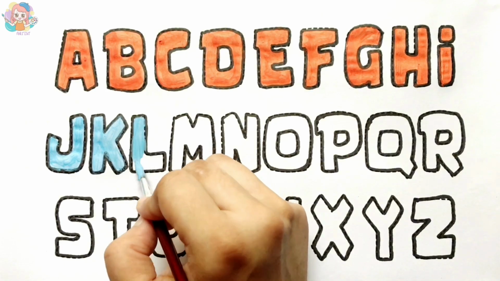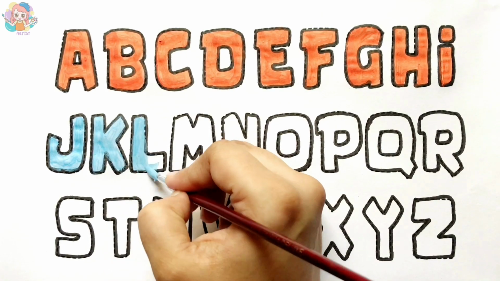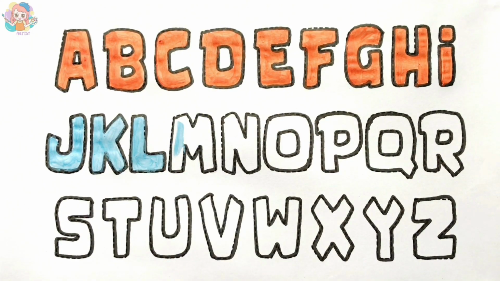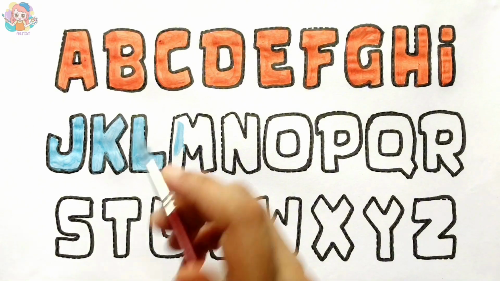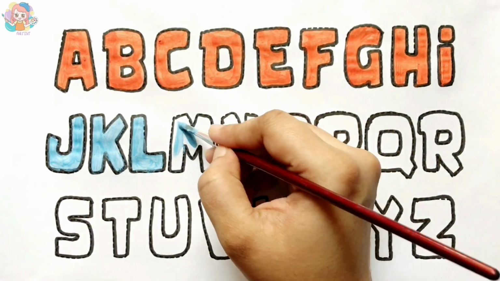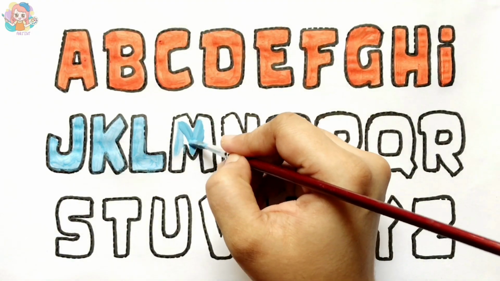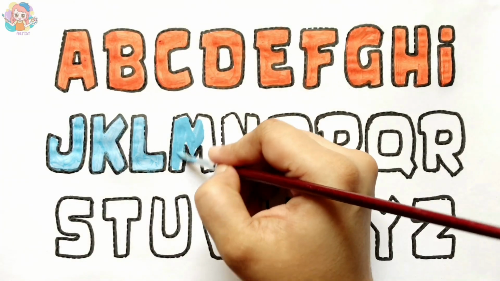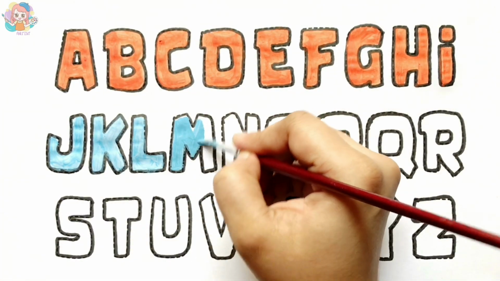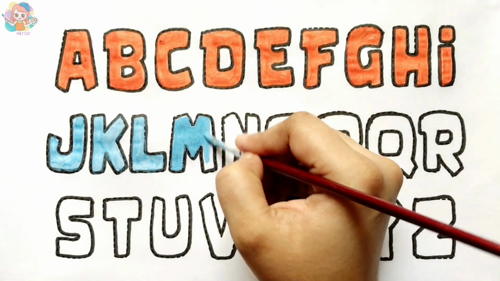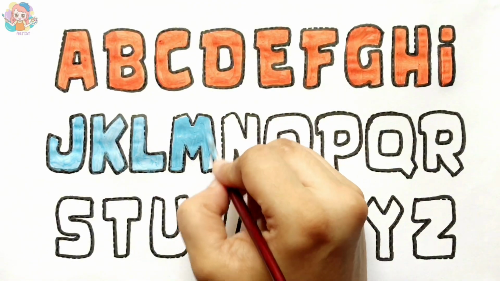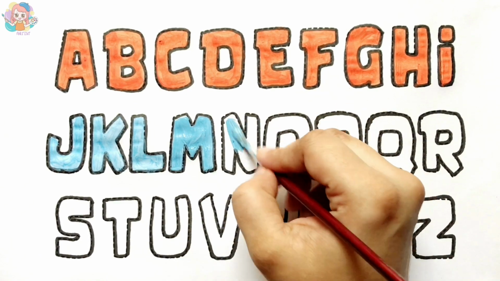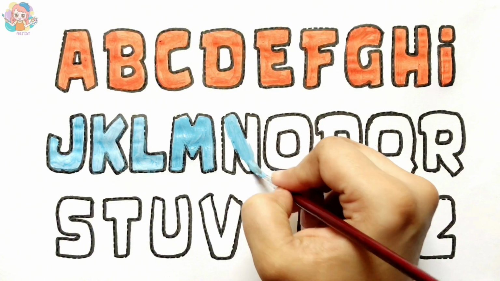L. L for lollipop. M. M for moon. N. N for nest.